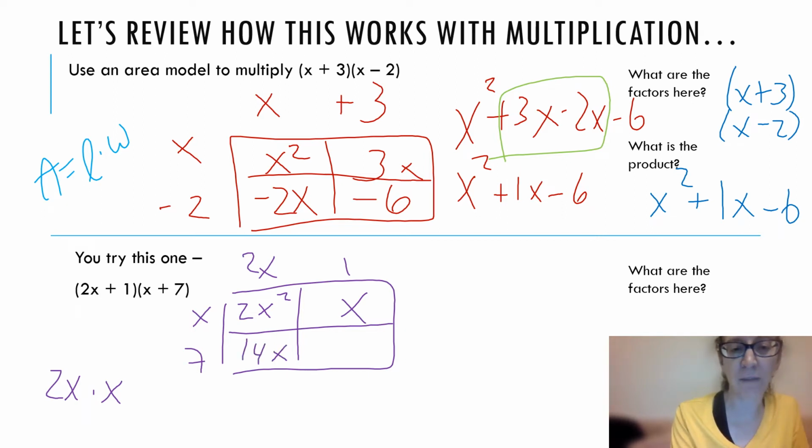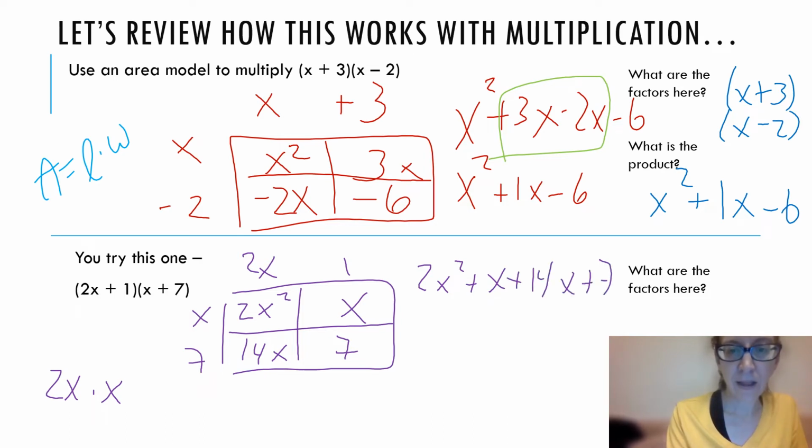And then 1 times 7 is 7. And then in order to get the area of the whole thing, we would have to add those up. And so 2x squared, and then we'd have x plus 14x, which would give us 15x plus 7.